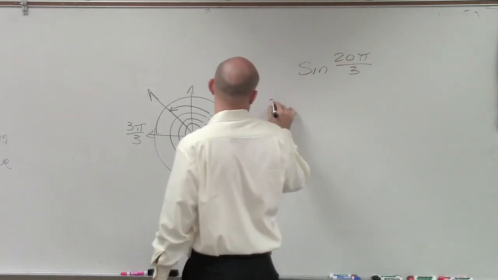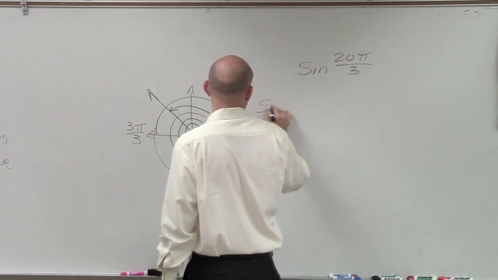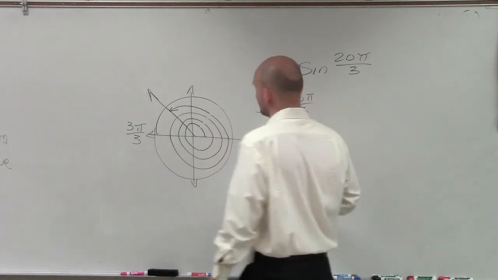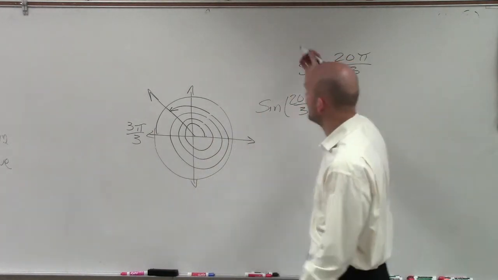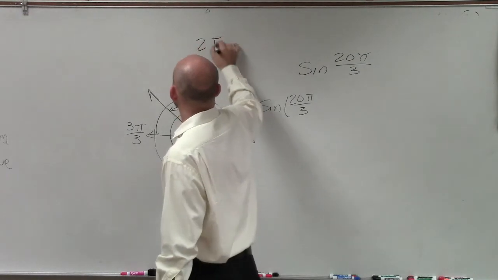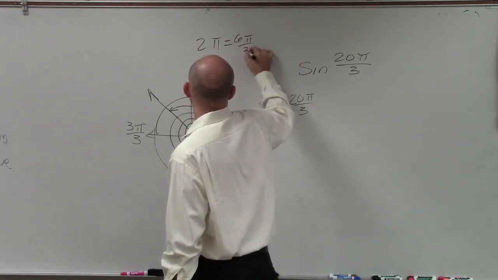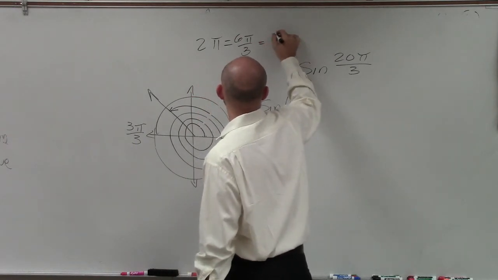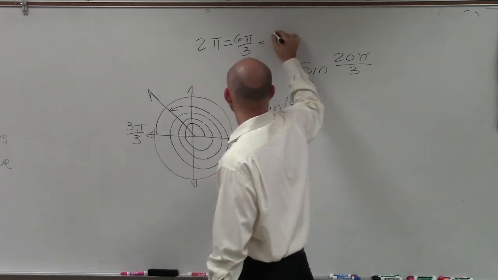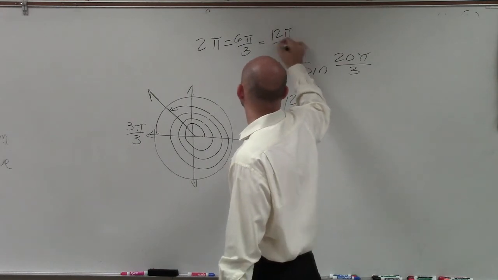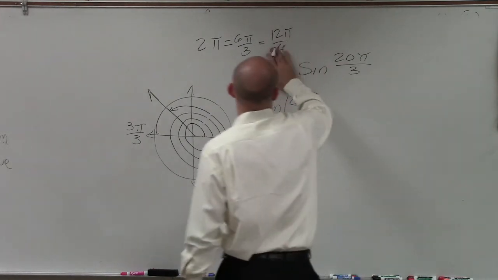So what I'll do is I'm going to rewrite this as sine of 20 pi over 3. And then I can subtract 2 pi. Now, remember, guys, 2 pi is the same thing as 6 pi over 3, which is the same thing as 12 pi over 6.